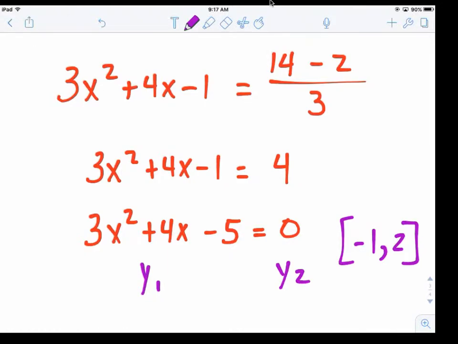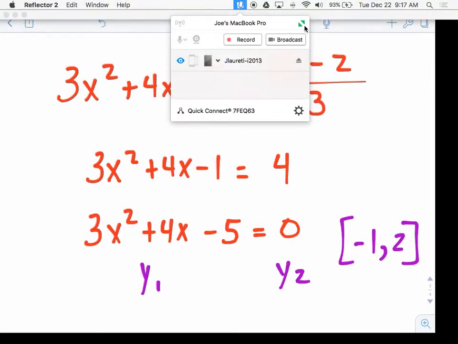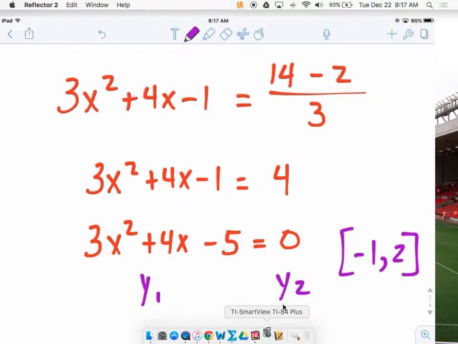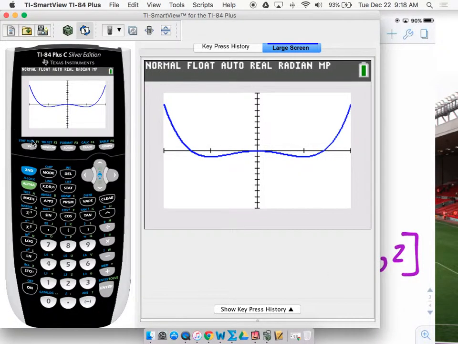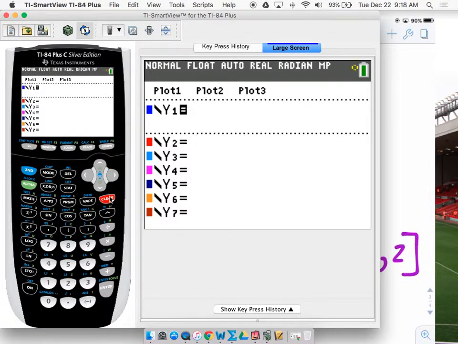Again, we're going to try and figure out the intersections. Make sure you change your window around.